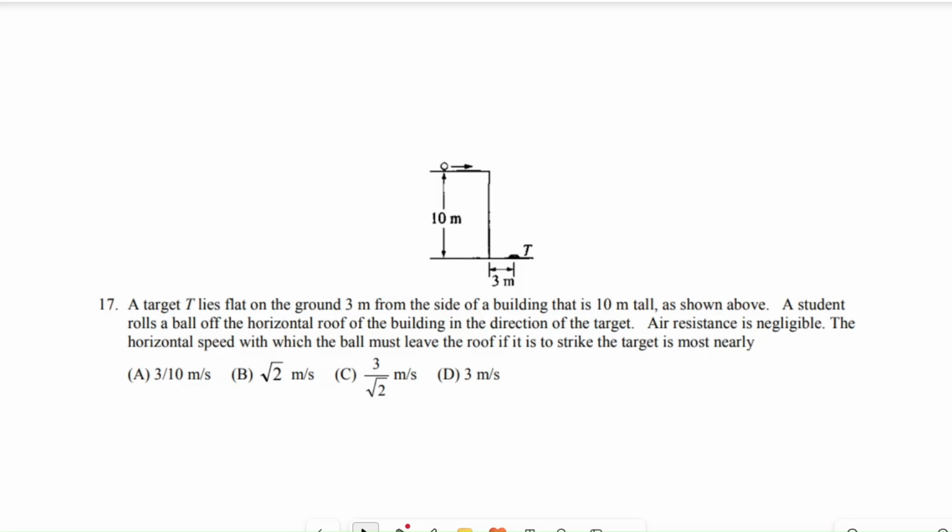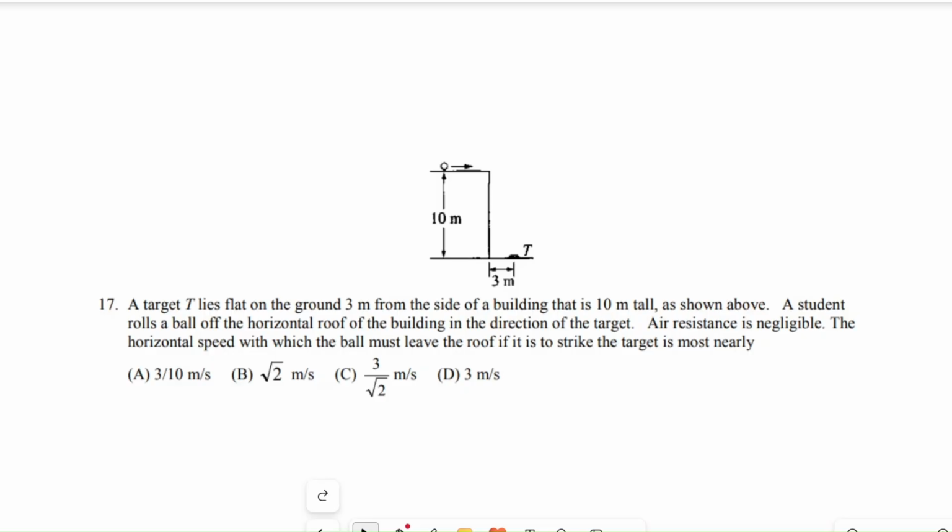So here we have a projectile motion problem, and the question is asking us to find what the horizontal speed is going to be. With that in mind, we need to use our projectile motion equations. We have two types of projectile motion equations.